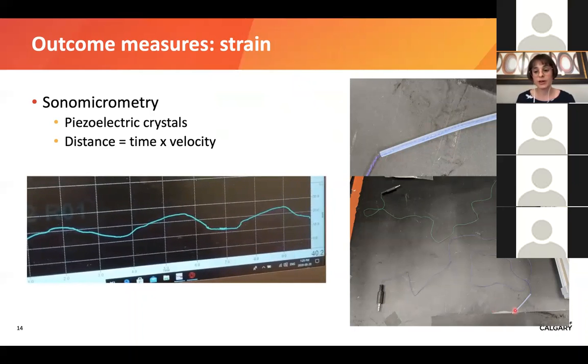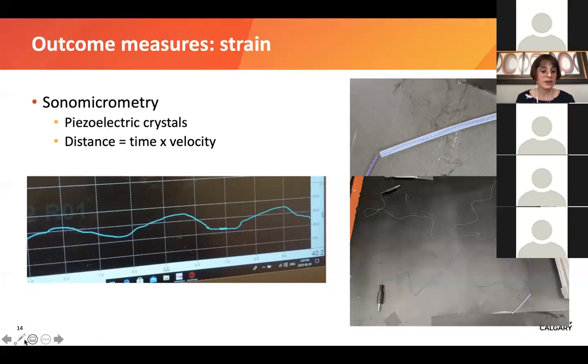We have one of the crystals here, and here is the other. These crystals can talk to each other. If one of the crystals sends a sound, the sound will travel to the other crystal, which will catch it. Because we know the speed of the sound waves and the time that it took to go from one crystal to the other, we can calculate the distance between the two crystals.